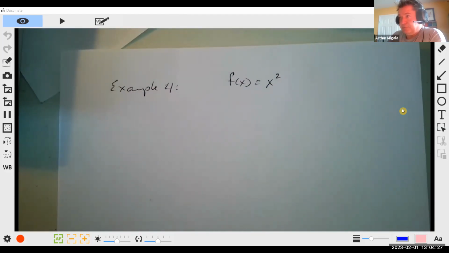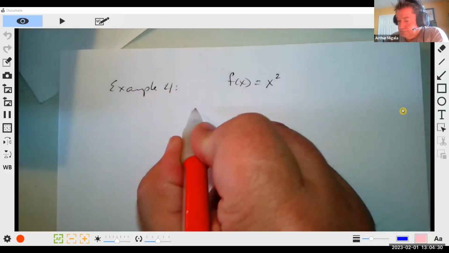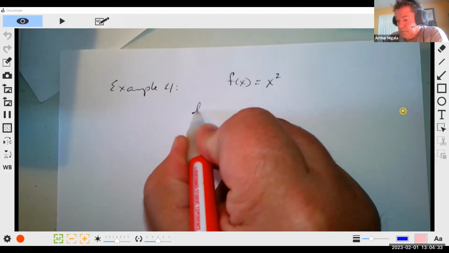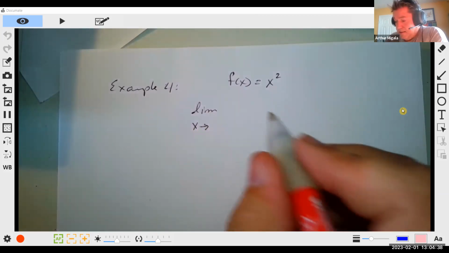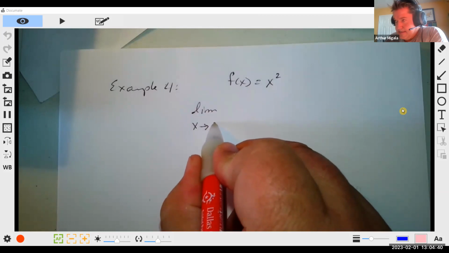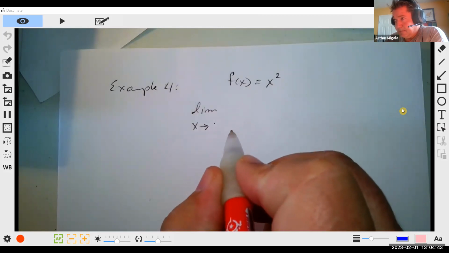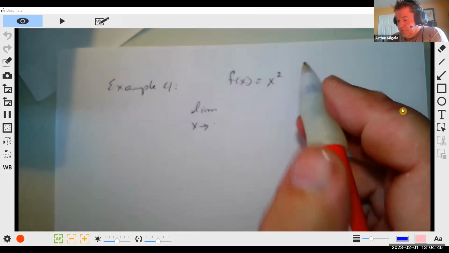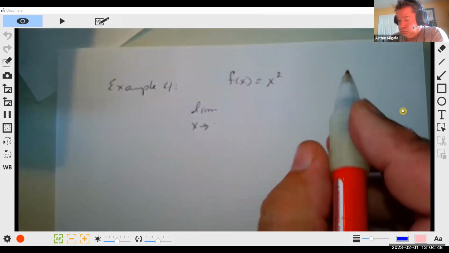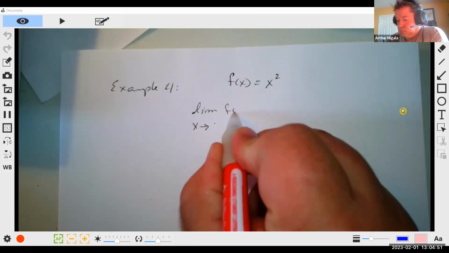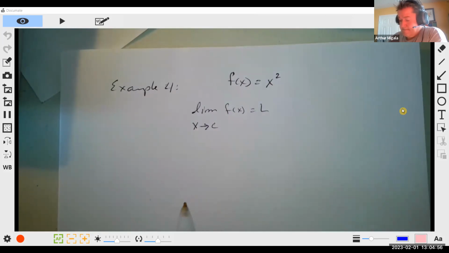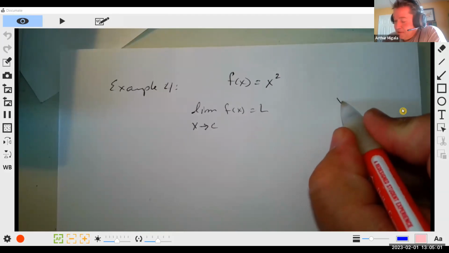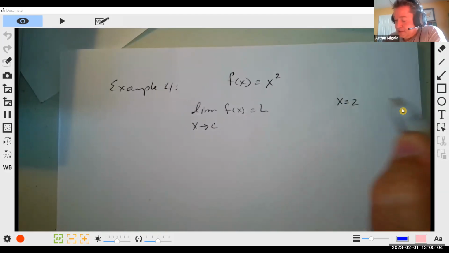f of x equals x squared. Let's say x is 2.